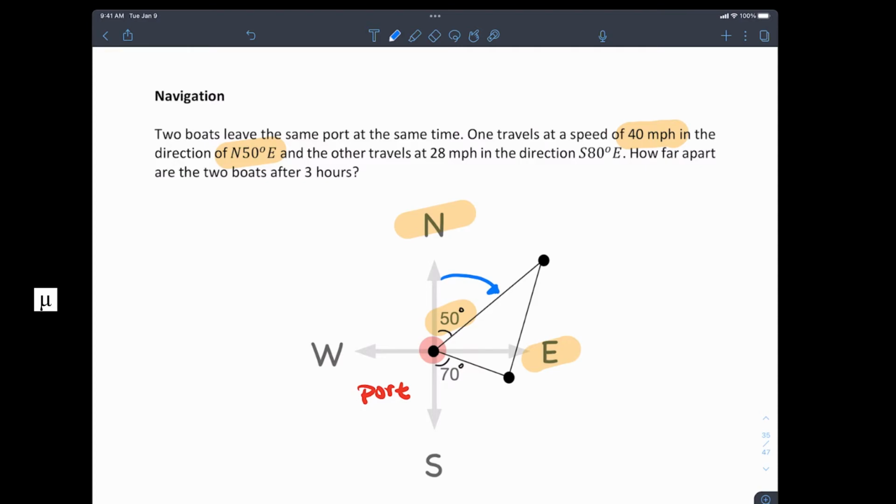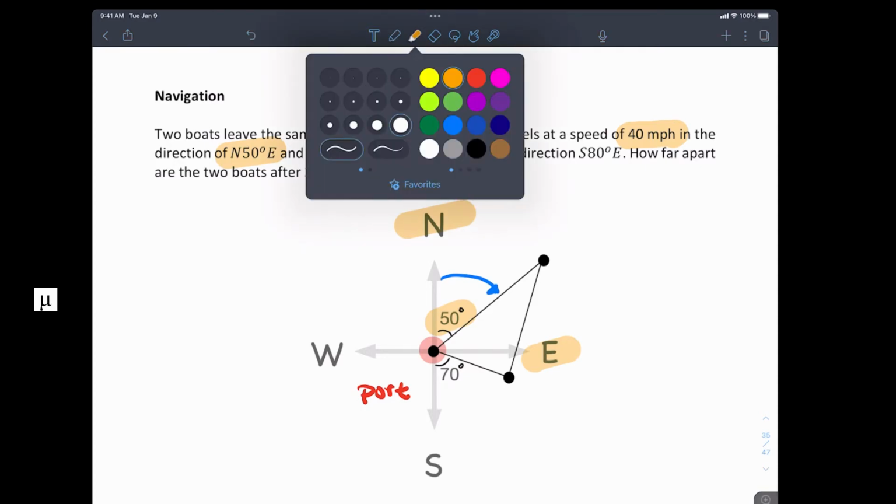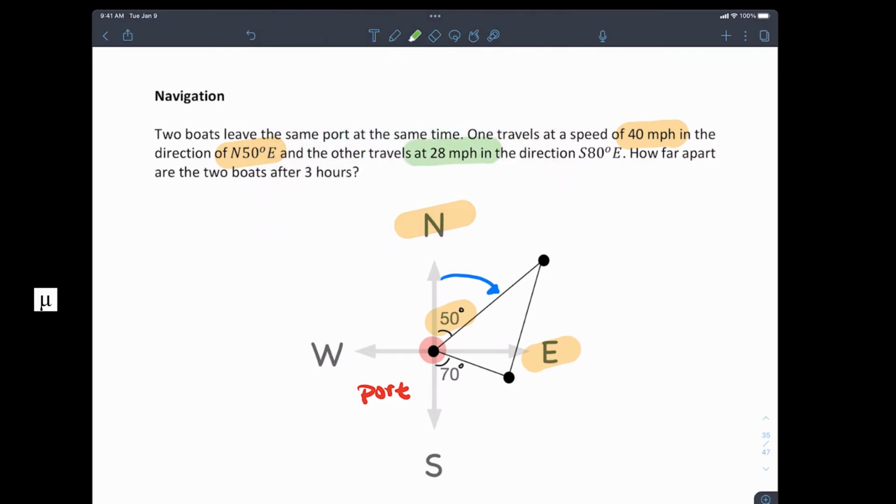And the other travels 28 miles per hour in the direction of south 80 degrees east. So you're going to go now south, and I can see already southeast, right? So they're going this direction.